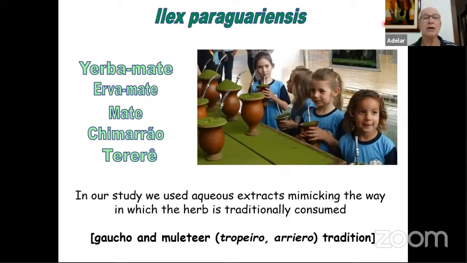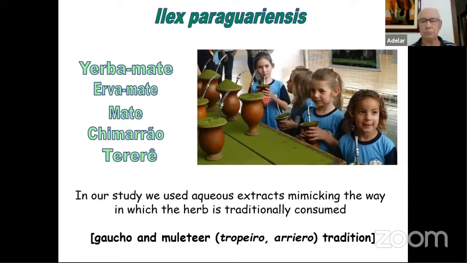An extract of Ilex paraguayensis, which in English is normally called yerba mate, using this Spanish word, in Portuguese erva mate, or other designations here in Portuguese and Spanish, which is an herb which is consumed in southern Brazil, in Argentina, Paraguay, and Uruguay.